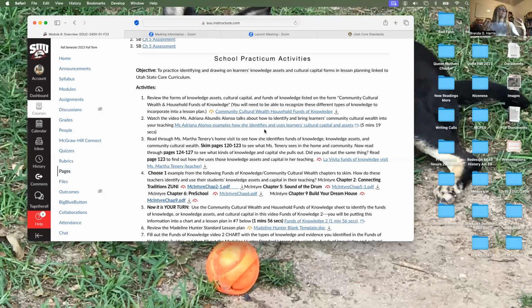So how do we do that? Okay, well, if I'm going to start with the learner, not the lesson plan, then I need to be able to look at the learner and identify what kind of knowledge and cultural and community capital I'm going to bring into my classroom.